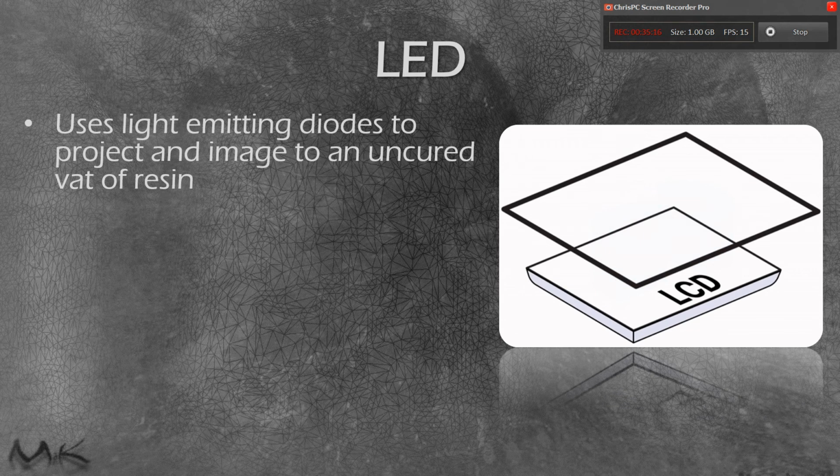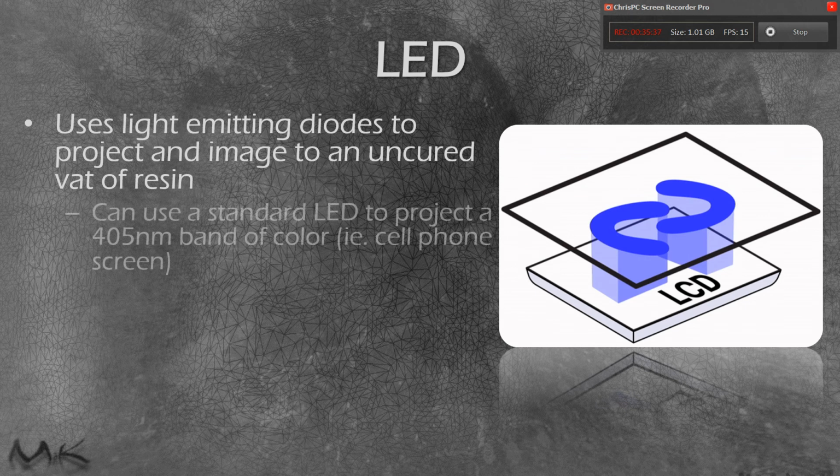Now, when we look at LCDs, these are the little hobby printers you can find in the market, and now they're getting more and more advanced, but these can actually be used in the dental world as well. An LED type of printer uses a light emitting diode to cure, much like a DLP printer would, but directly with an LCD screen.